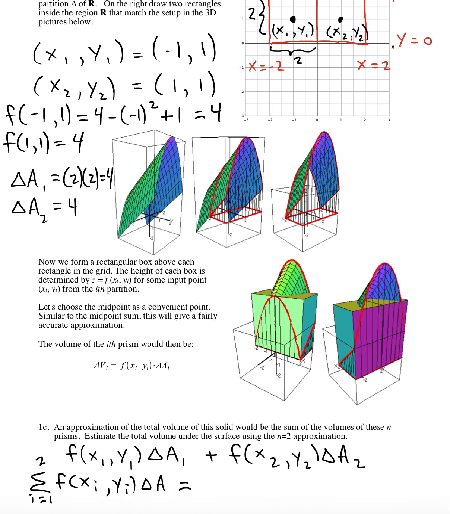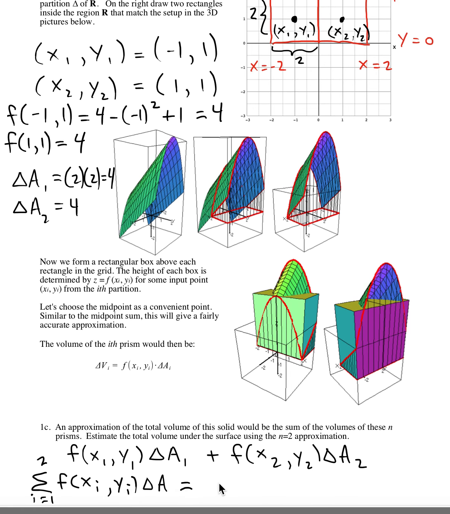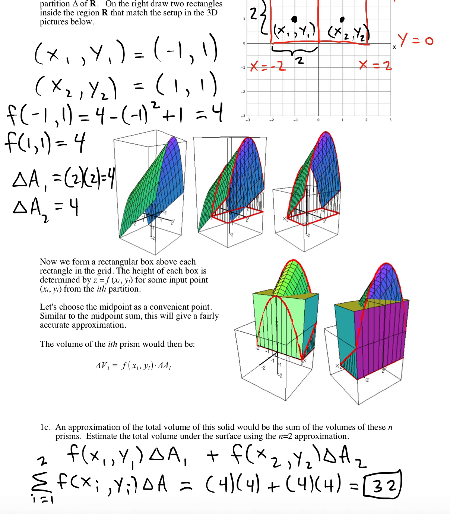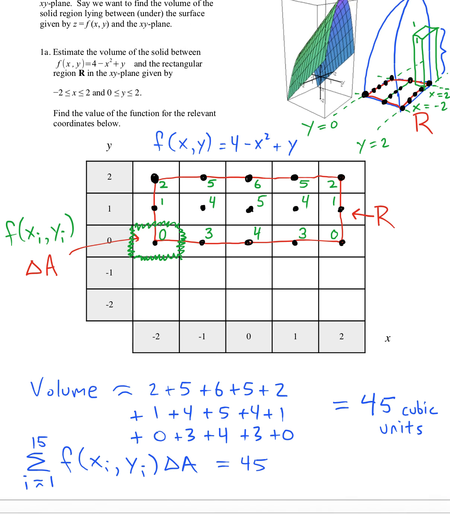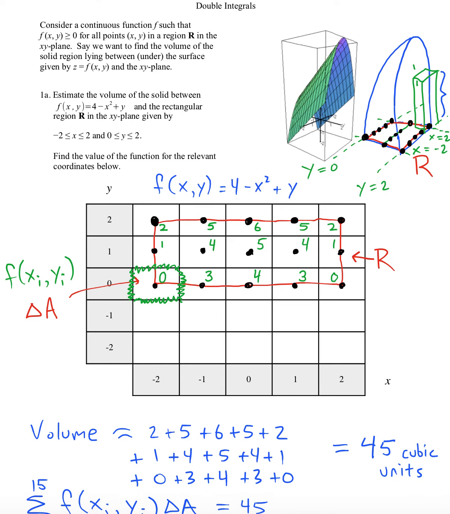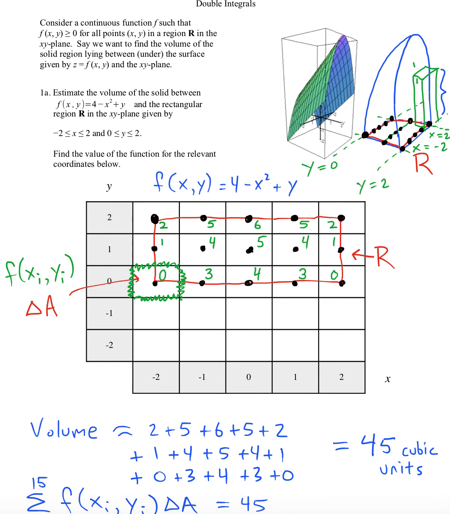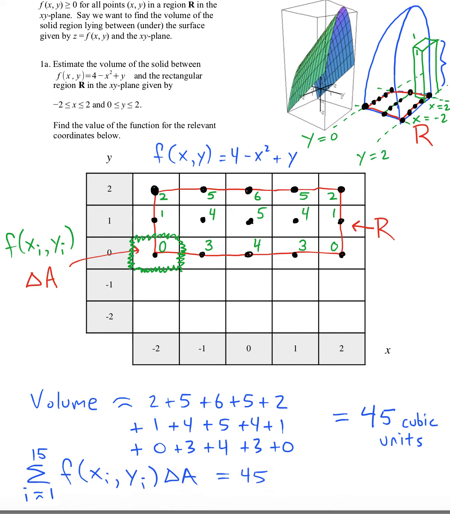So when we go to fill in the formula, we need 4 times 4 plus 4 times 4, which is 32. Now, it may not be the best approximation of the volume under this surface because our boxes are so big. Even if you go back up here, our boxes were much smaller. And here we found a volume of 45.